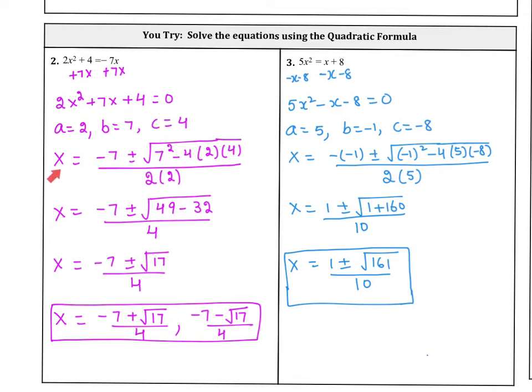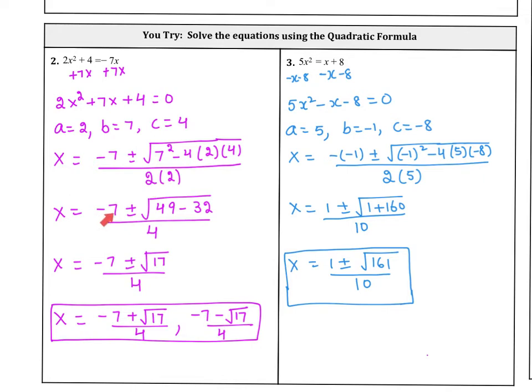Apply the formula x equals negative b plus or minus the square root of b squared minus 4ac. So it's going to be negative 7 plus or minus the square root of 7 squared minus 4 times 2 times 4, divided by 2 times a, so that's going to be 4.